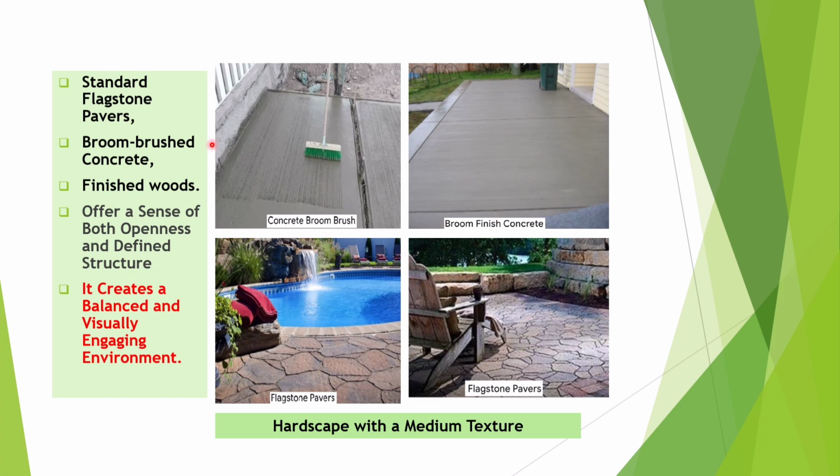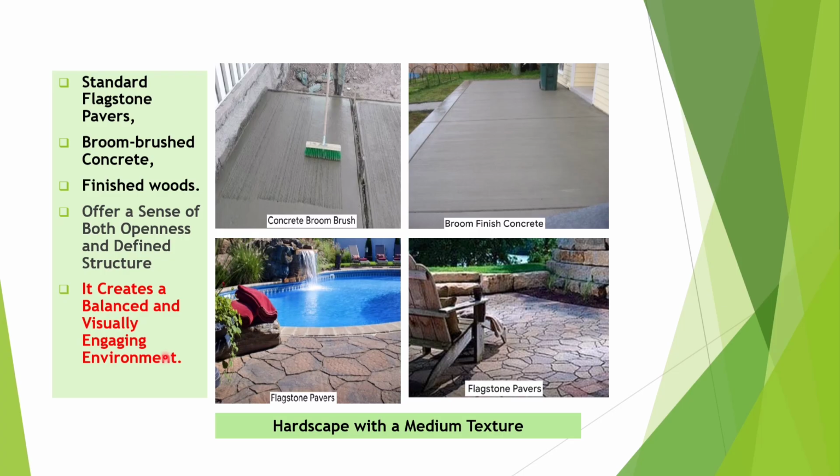These are standard flagstone pavers and broom brushed concrete. Finished wood can be there. They often give a sense of both openness and defined structure. So hardscape with a medium texture creates a balanced and visually engaging environment.